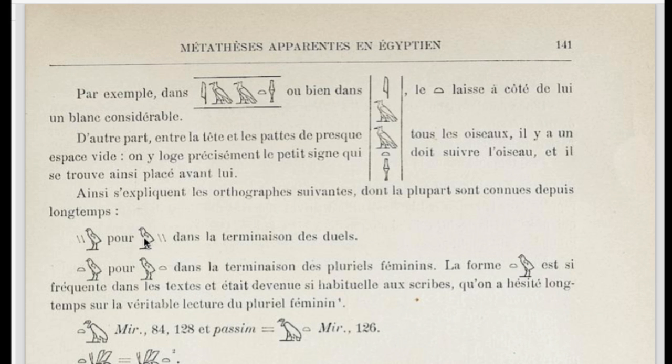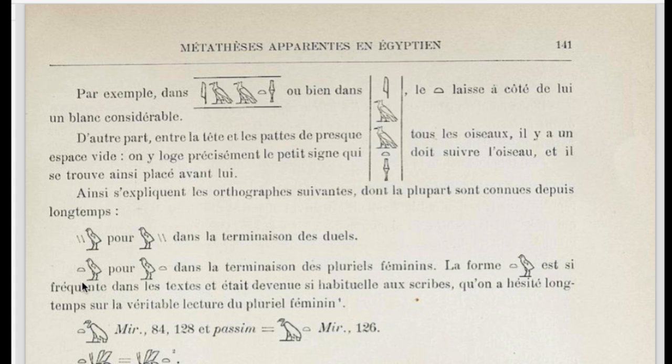Now, this is for the ending in duals. So in the ending of duals, we have the diagonal strokes before the bird, which is graphic transposition, for what, as far as how you pronounce it, will be we. Remember I said ta we, sin we, two brothers, ta we, two lands. Okay.